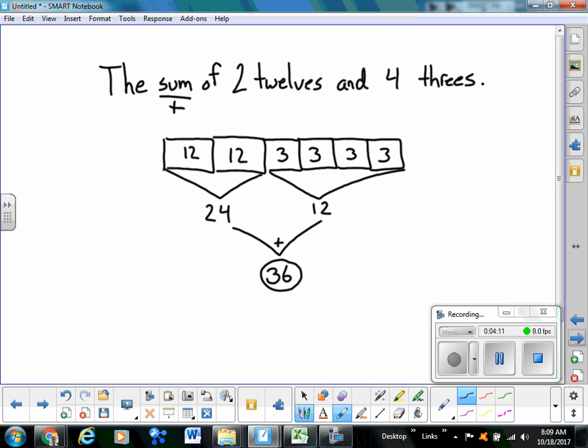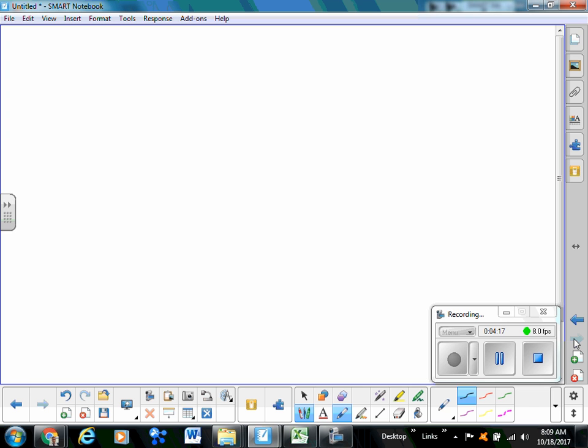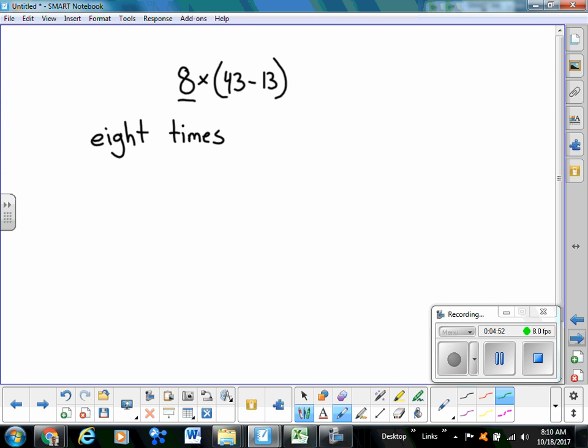Okay, next one. We're going to take the numerical expression, 8 times (43 minus 13), and now we need to change it into word form. First we're going to start with the 8. Write out 8. We're going to multiply, so times. Inside the parentheses is subtraction.